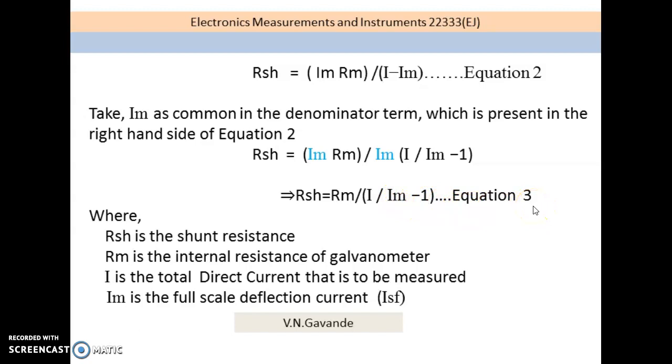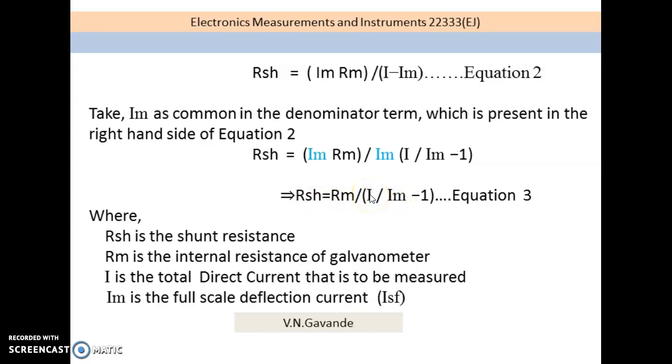Equation number 3. This is a very important equation for finding out the value of RSH, because in an examination, the problem may arise where the RM, IM and I values are given and we want to find out RSH, or RSH is given and we want to find out the I value.